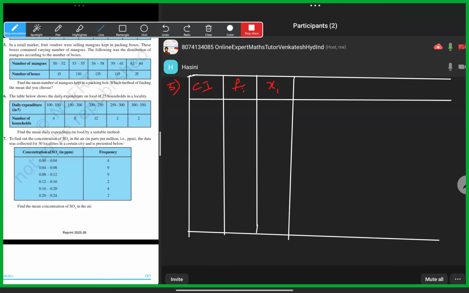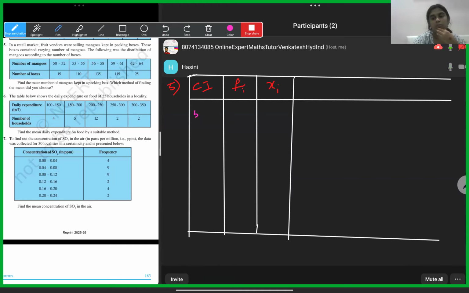So CI, FI, XI, Hasni. First I'll write these values. CI is 52. Then 50, sorry, we have to make it continuous, no? Yes, sir.